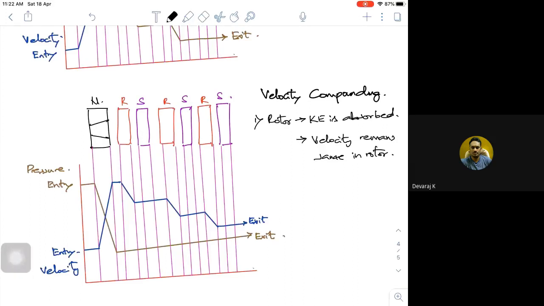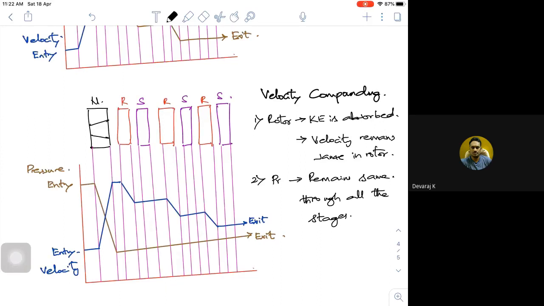And the velocity, kinetic energy is absorbed in the rotor, and the pressure remains the same through all the stages. The pressure remains the same through all the stages.